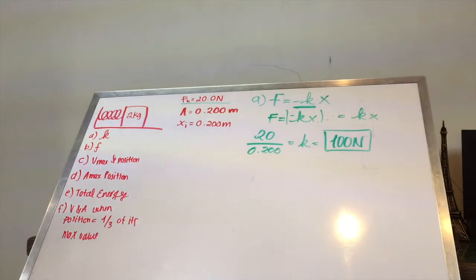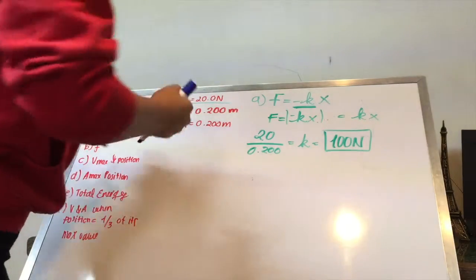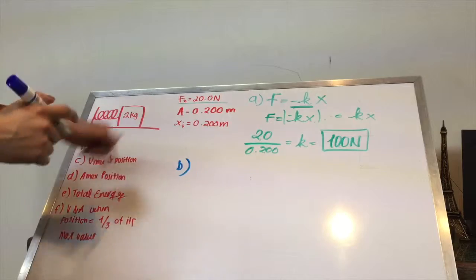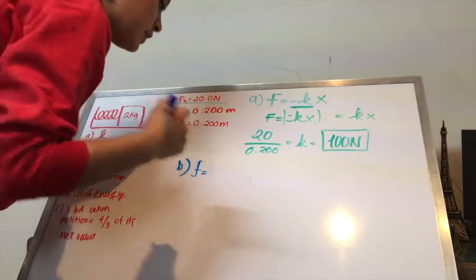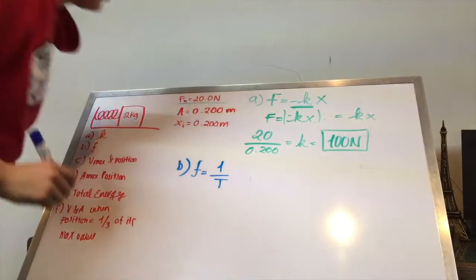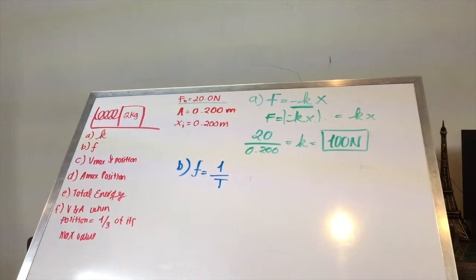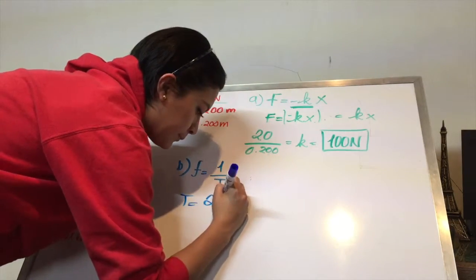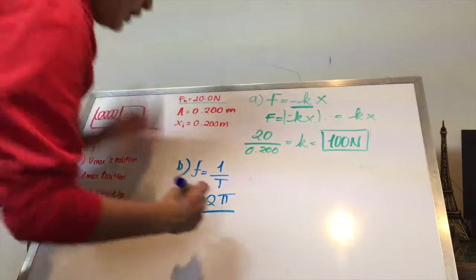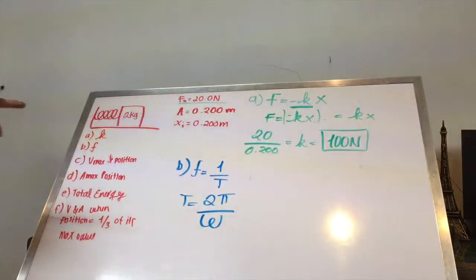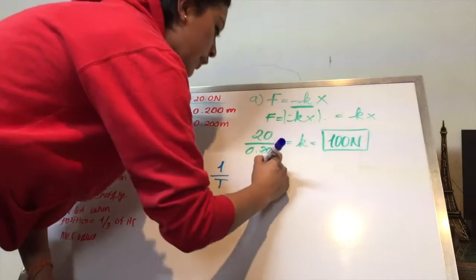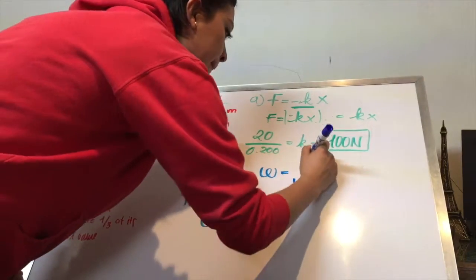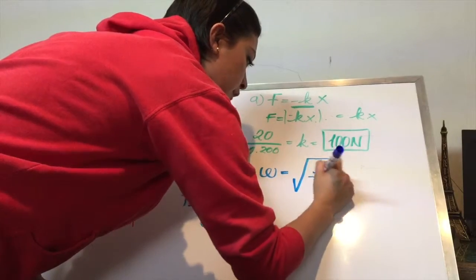Now we're going to obtain the frequency. For part B, frequency equals 1 over time. And the time is equal to 2 pi over the angular frequency, which is equal to the square root of the constant over the mass.